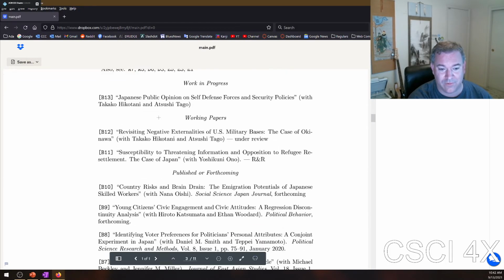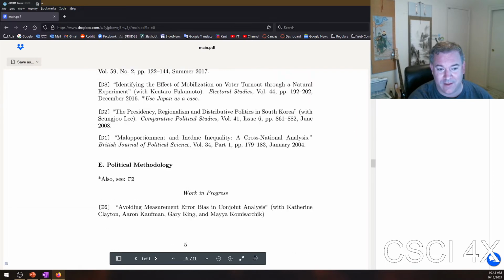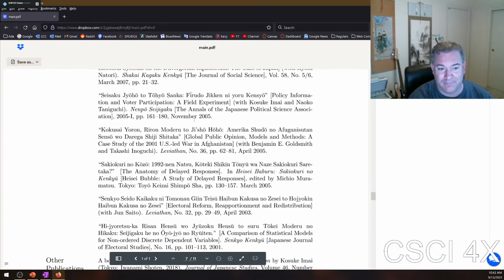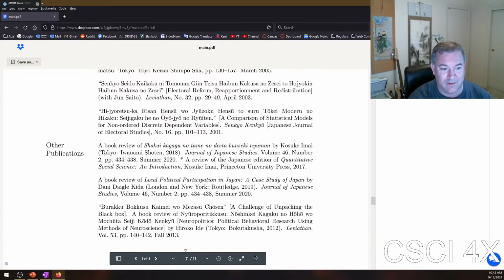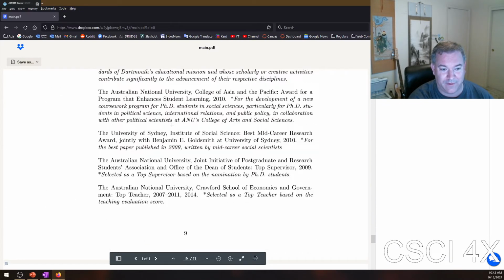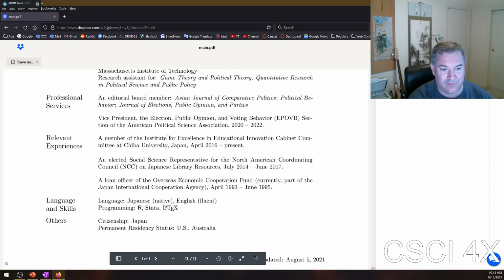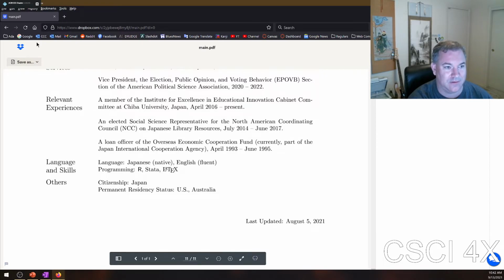And so you just go through here, and these are all the different articles on different topics, articles in Japanese, other publications, media, awards and fellowships, recent grants that he's gotten, courses taught, professional services, does R, Stata, LaTeX, rather. Native speaker of Japanese, fluent in English.